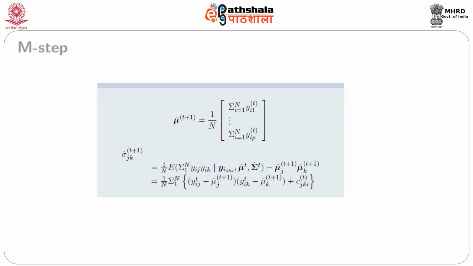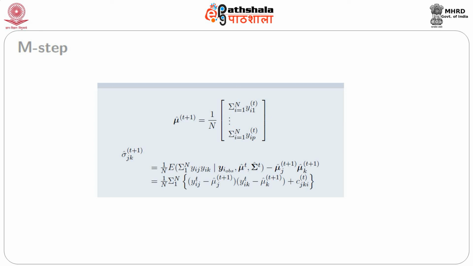So, it becomes summation of the expectation of y_ij y_ik given y observed, mu hat t and sigma hat t, minus mu_j^(t+1) mu_k^(t+1). This is simplified to 1 by n summation from 1 to n of (y_ij^t minus mu hat t plus 1)(y_ik^t minus mu hat t plus 1) plus c_jk,i^t, and then we iterate this until convergence.